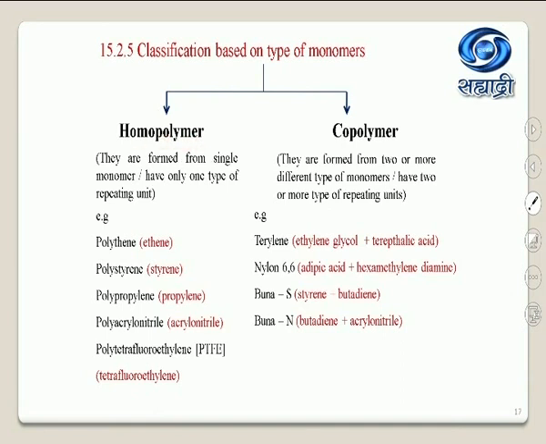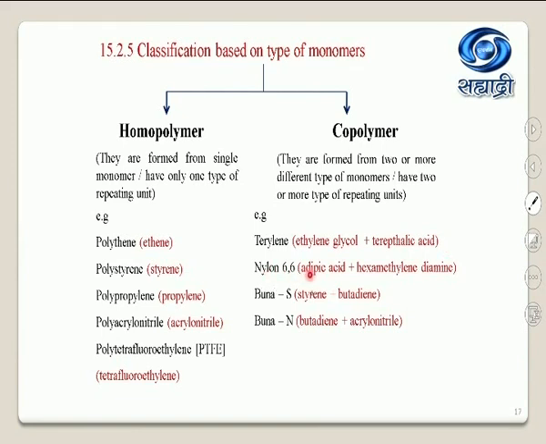Now copolymers are formed from two or more different types of monomers and have two or more types of repeating units. Again, I have given here some examples. First is terylene, which is obtained from two different monomers, that is ethylene glycol and terephthalic acid.